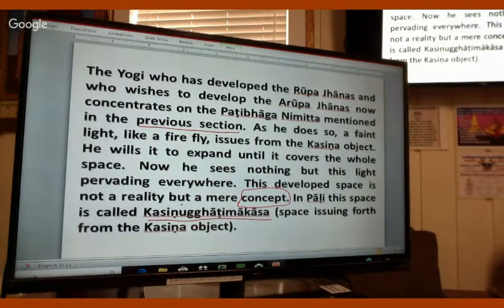That Pali is a combination of three words: Kasina, Ugghata, Akasa.